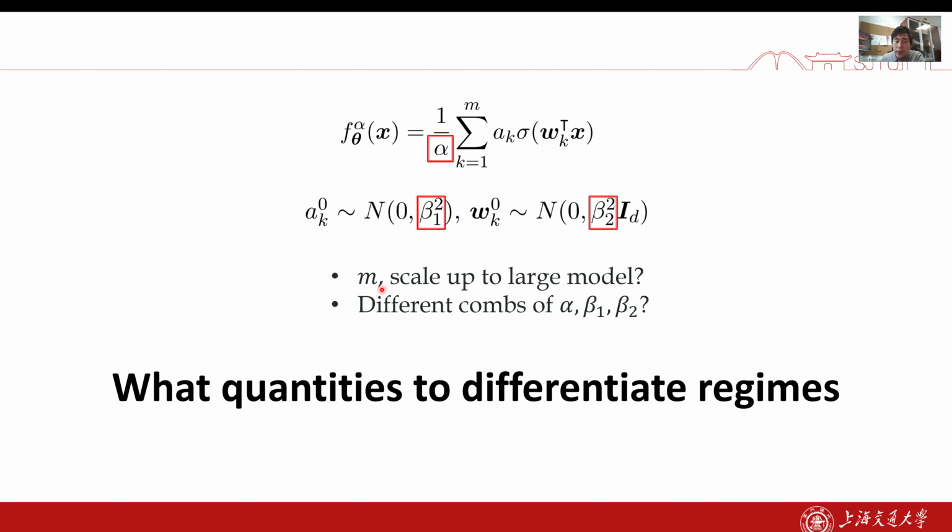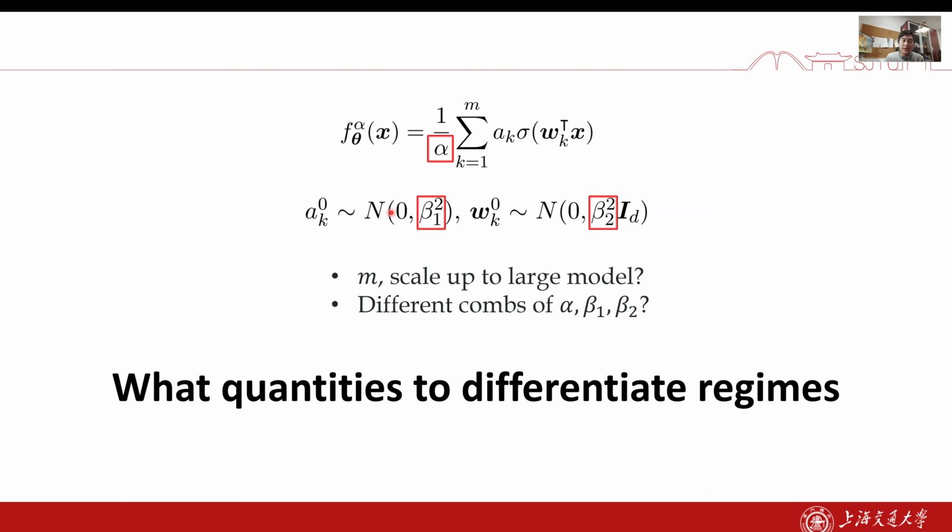And if we scale up the model to a large model, how do we initialize the neural network to keep its behavior similar? And if we have different combinations of these initializations, are they similar or different? Those are the questions we are going to answer in this lecture.